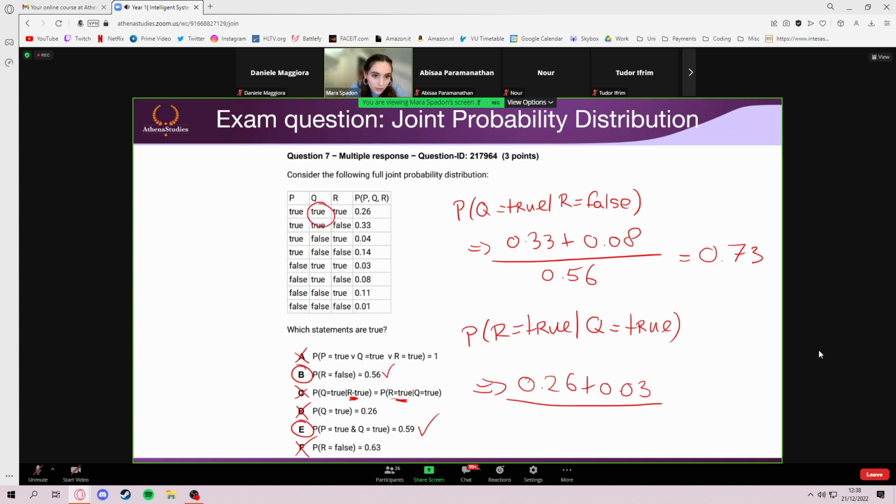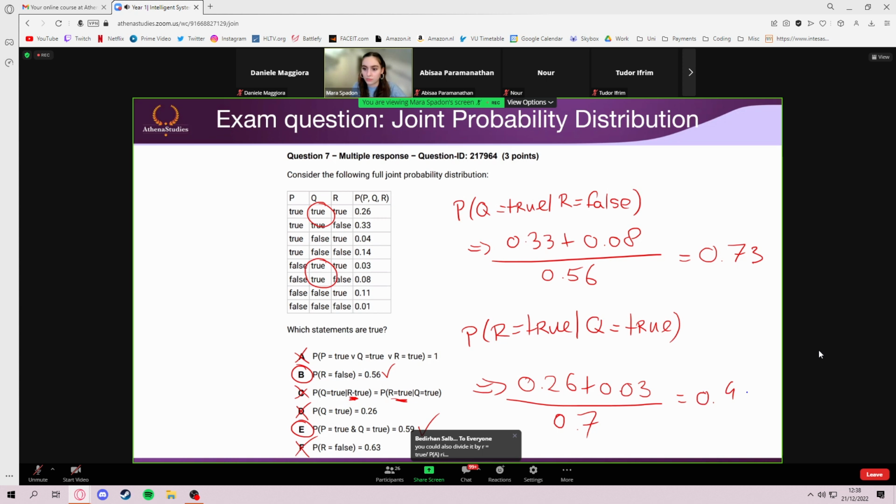So that is these added together. I got 0.7 here. So then we do 0.26 plus 0.03 divided by 0.7, which is 0.41.